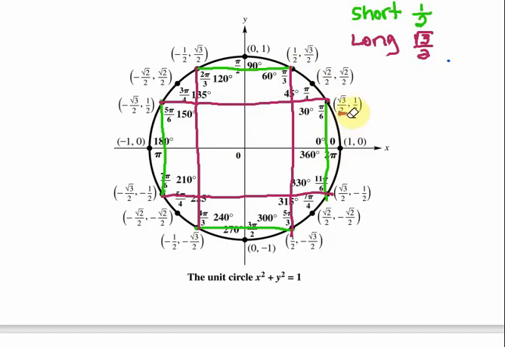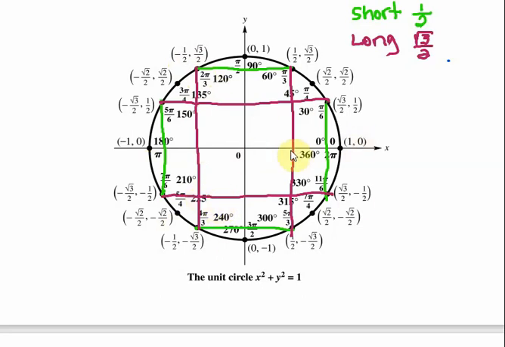If we go over to the second quadrant, then our x values are going to be negative and our y values are positive. So if we look here at 2 pi over 3, to get to my x value, that's a short distance. So it's negative because we're going to the left, negative 1/2. And then my y value is a long distance, so it's square root of 3 over 2. And we do the same thing for all of the different values.